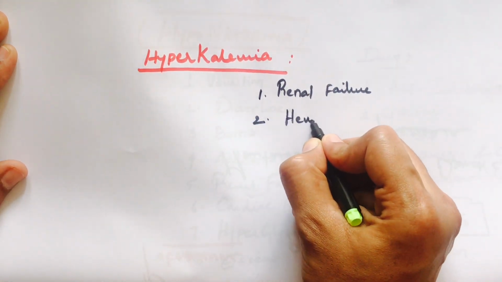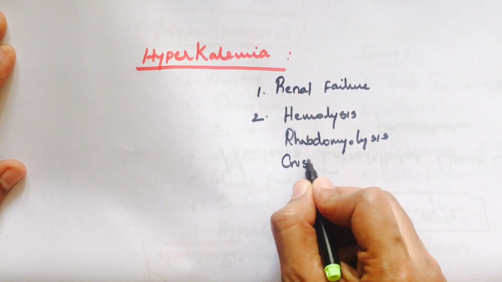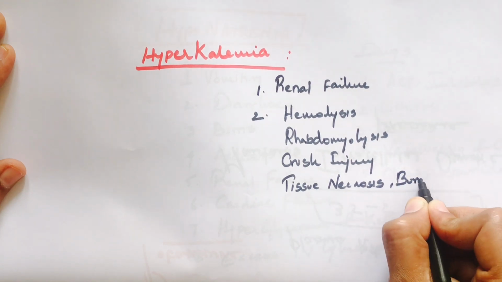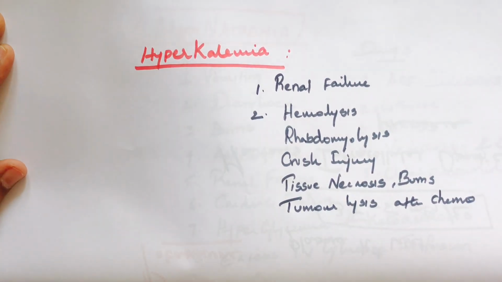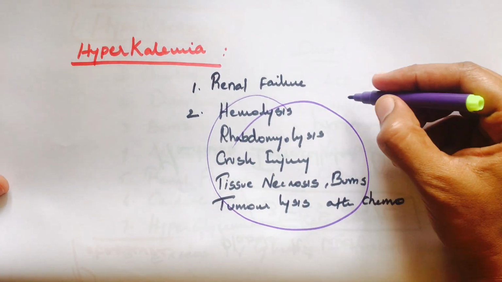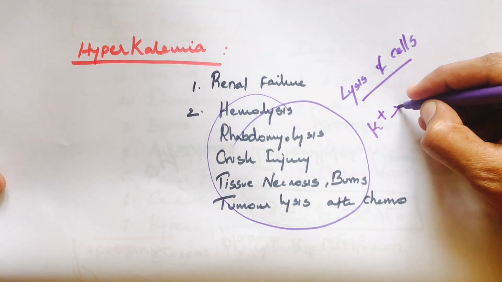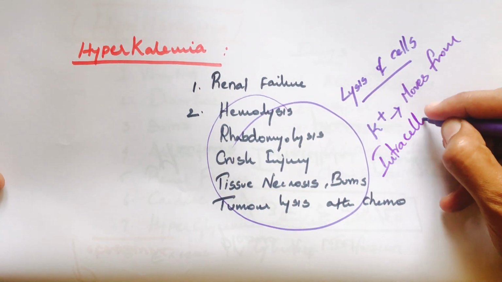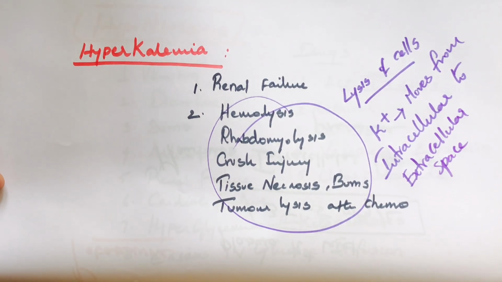The conditions which cause hyperkalemia are renal failure and conditions causing lysis of cells like hemolysis, rhabdomyolysis, crush injury, tissue necrosis, burns, tumor lysis after chemotherapy. What happens? Potassium is the main content of the intracellular space. When there is lysis of cells, the potassium moves from the intracellular to the extracellular space.